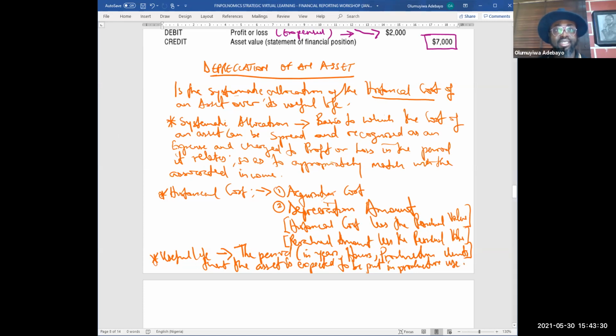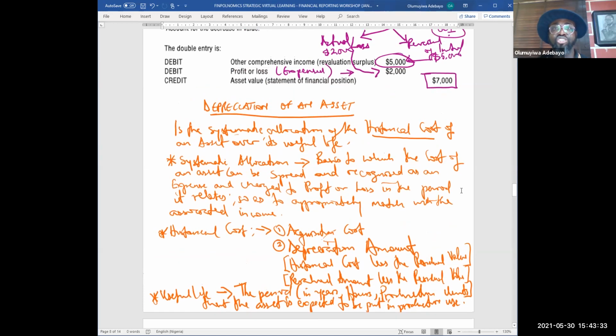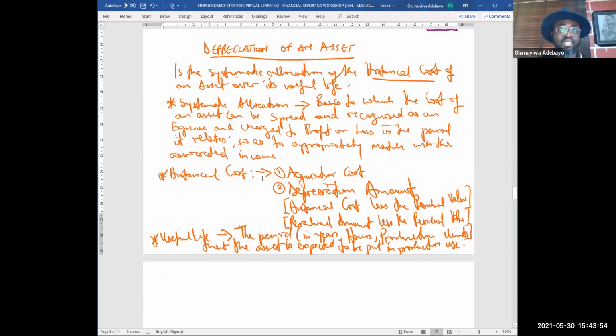Okay, and we're going to get there later, which means the useful life is not necessarily a month count or a year count. It could be in hours based on capacity utilization. It could be in production units or unit of output, as the case may be. Okay, that is that. Now, let's move ahead.